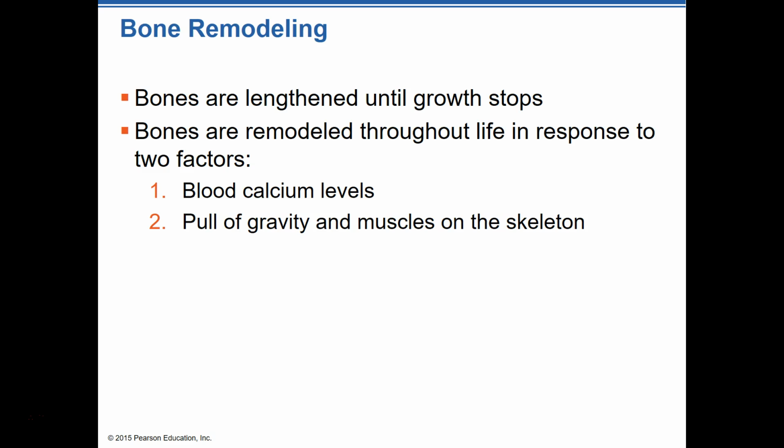So it strengthens bones. The second thing that actually affects remodeling of bones is gravity and muscles. Remember I talked early on about form follows function, but if you're one of those types of people that go to the gym and you work out a lot and you build up big strong muscles, well, people with big muscles have big skeletons because those muscles put the bones under a lot of stress.